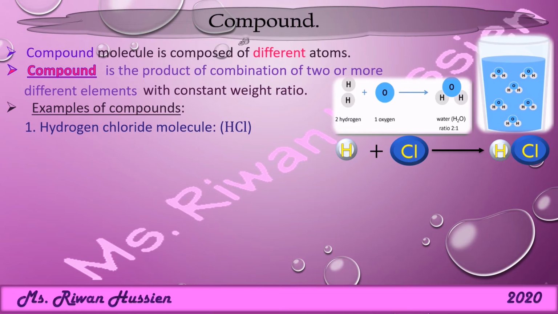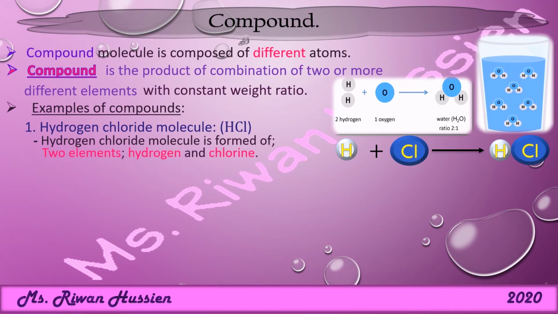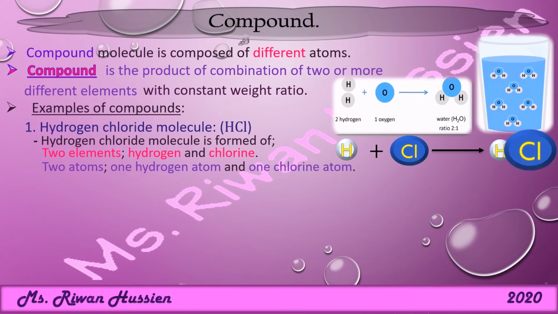So, we can say that hydrogen chloride molecule is formed of 2 elements, hydrogen and chlorine, and it has 2 atoms in each molecule, 1 hydrogen atom and 1 chlorine atom.